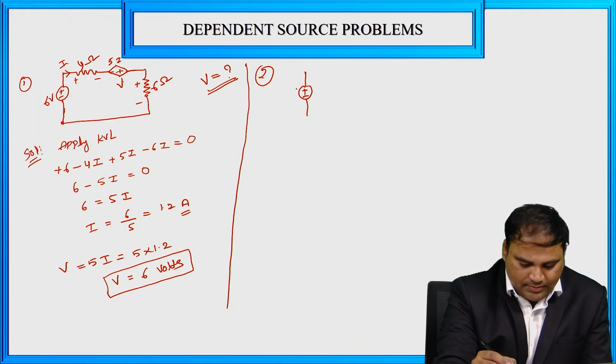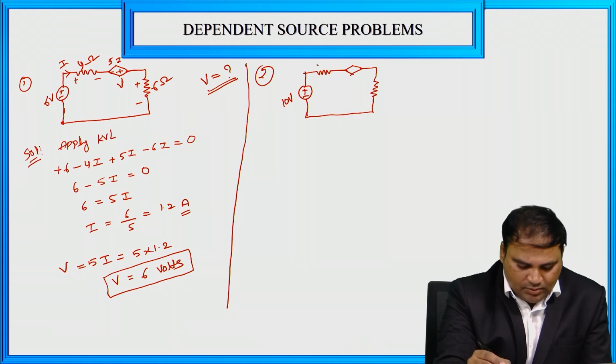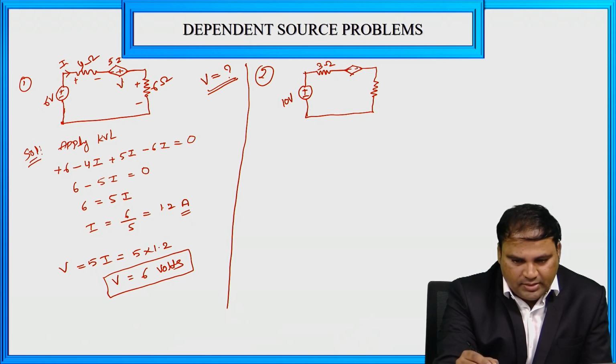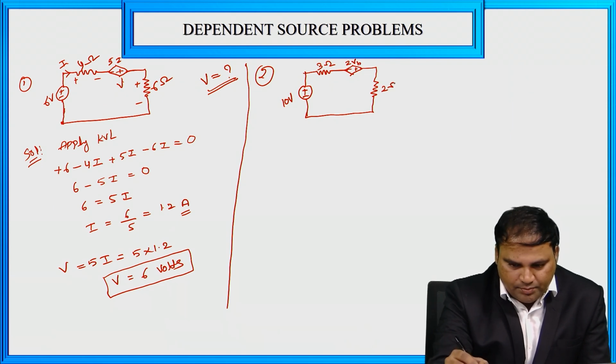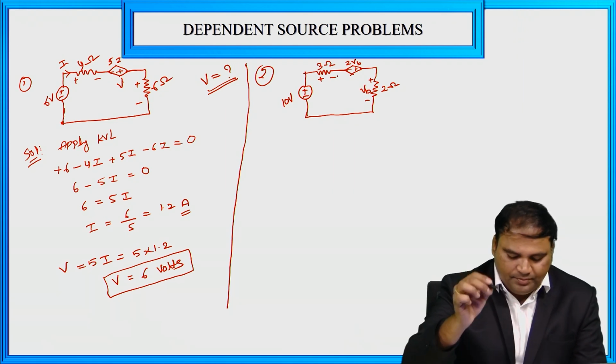plus minus, 10 volt, so this is 3 ohm, minus plus, 2 VB, this is 2 ohm, plus minus VB, and this is plus minus.